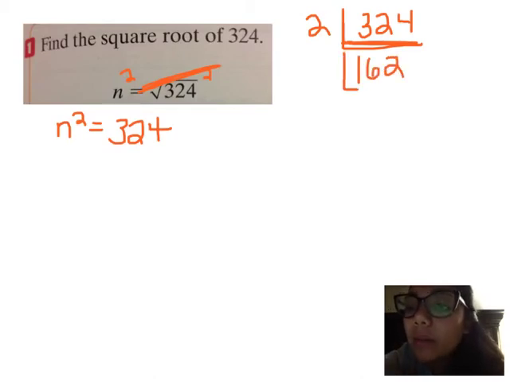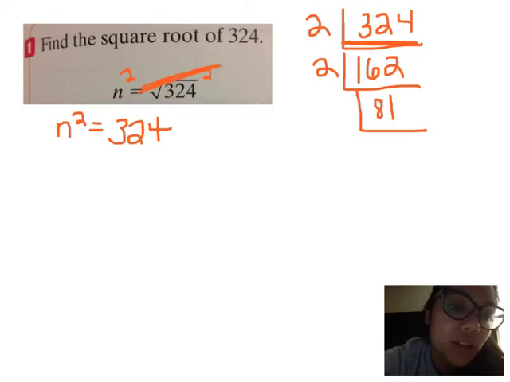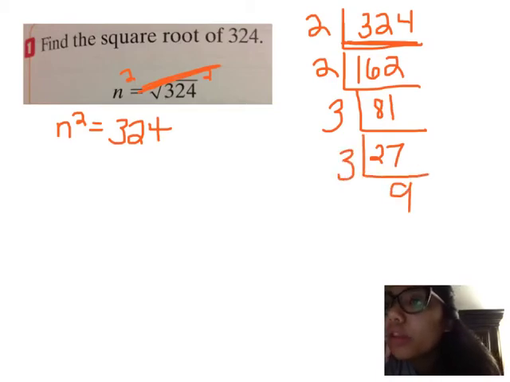So now I'm going to pair them up with the ones that can be paired up. So I can do 2, and then, okay, let me look at everything I have. I have a 2, and then 4 3s.